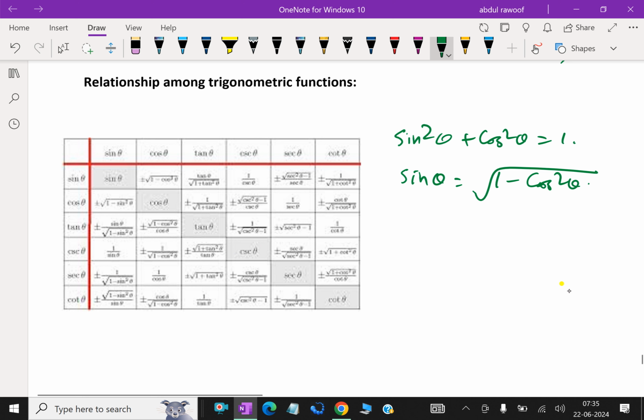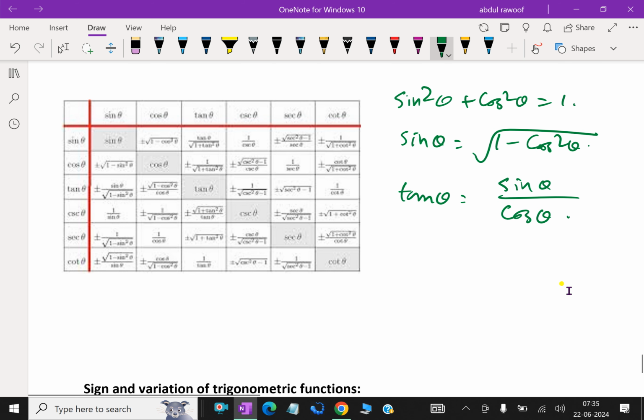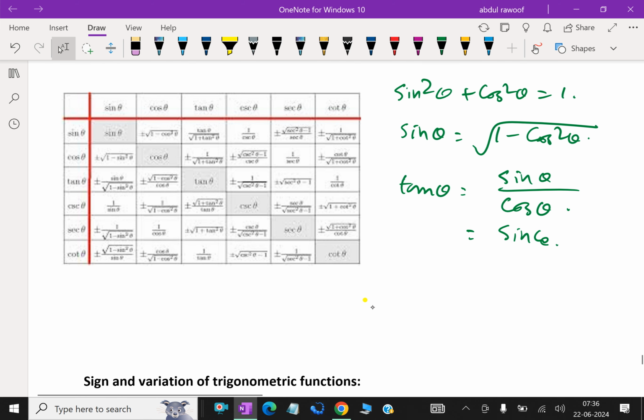Now suppose we want tan theta. Tan theta is sine theta over cos theta. In terms of sine, we can write this as sine theta over the square root of 1 minus sine squared theta.